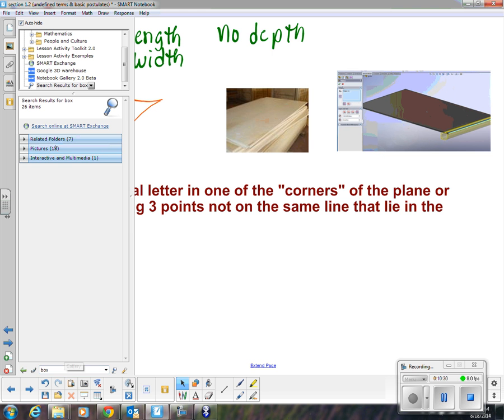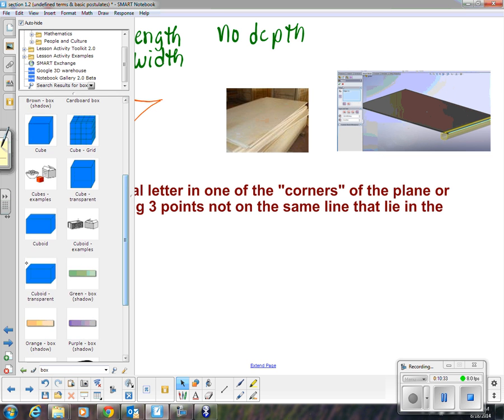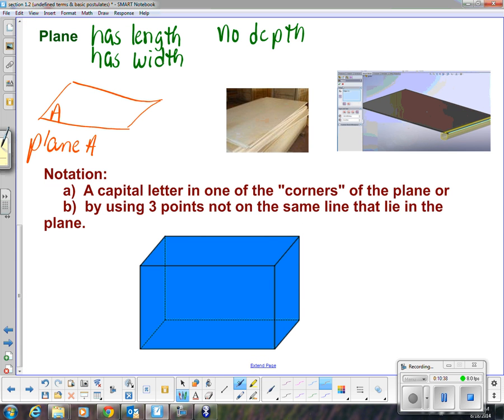Let me find one real quick. And I should be able to find one that we can see through. All right, so suppose I have this box, and suppose someone has labeled the points A, or I should say the vertices, B, C, D, E, F, G, H.